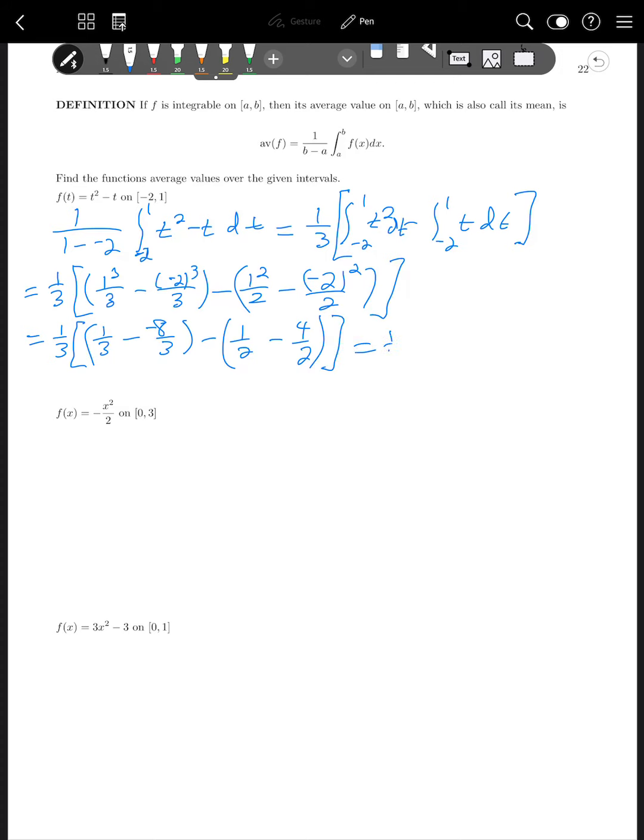So that's 1/3 times 9/3 minus negative 3/2.